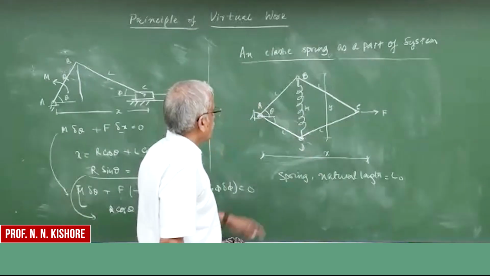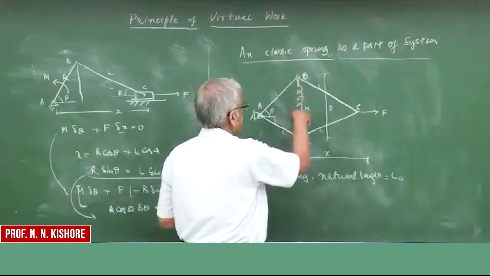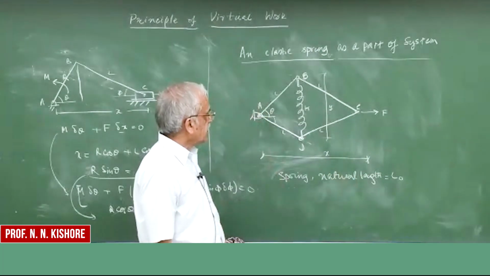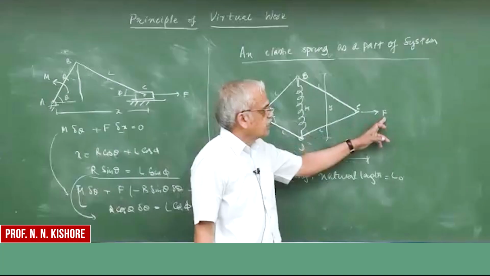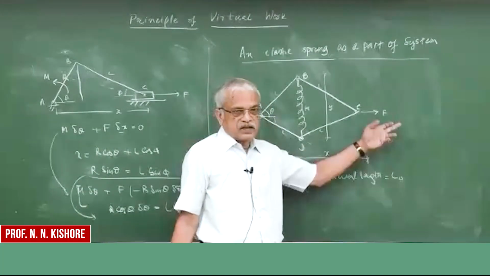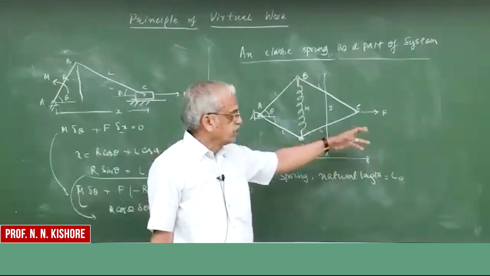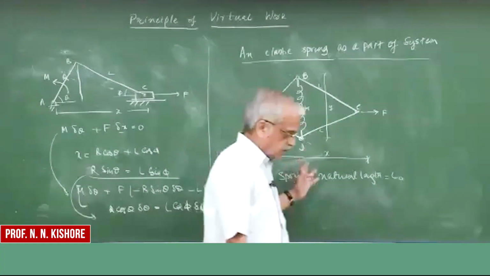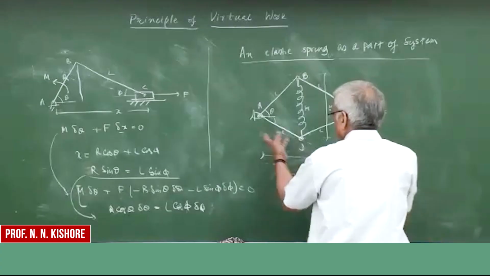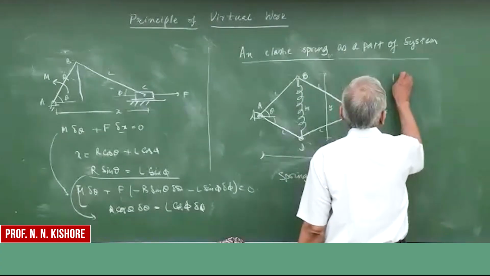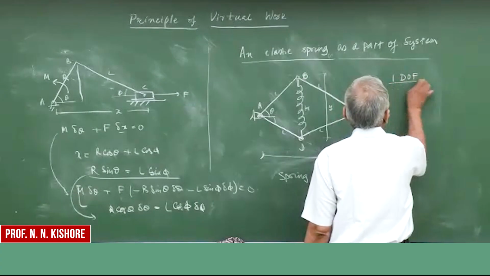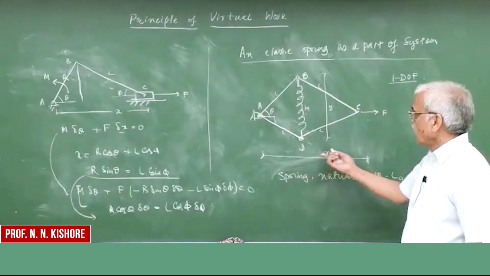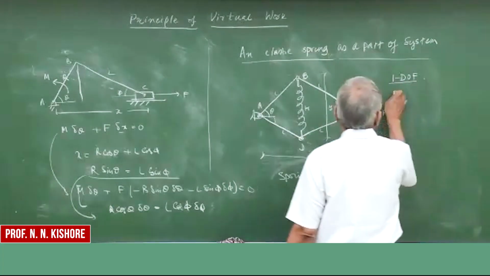Okay. So now there is a spring attached with some natural length L naught, can be anything. And then there's a force F applied here. Depending upon this force F, obviously this theta will depend on that. So now this is also a 1 degree of freedom system. The degree of freedom is only one, either theta or x or y.